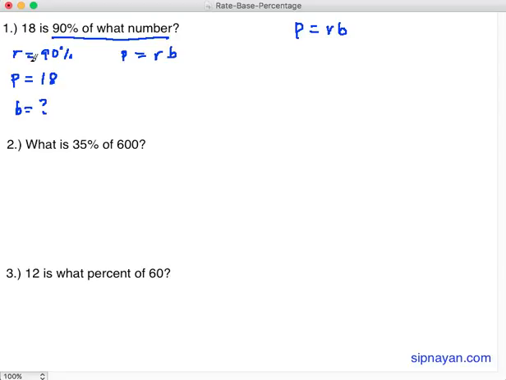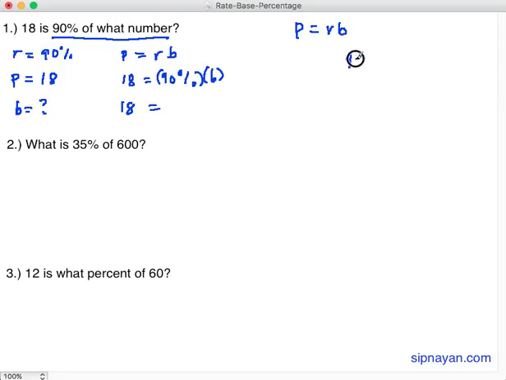Substitute na natin: percentage is 18, rate is 90%, at yung base ang unknown. Hindi pwedeng may percent, dapat i-decimal natin para makapag-compute.